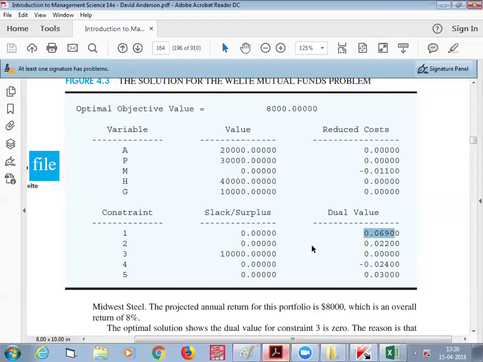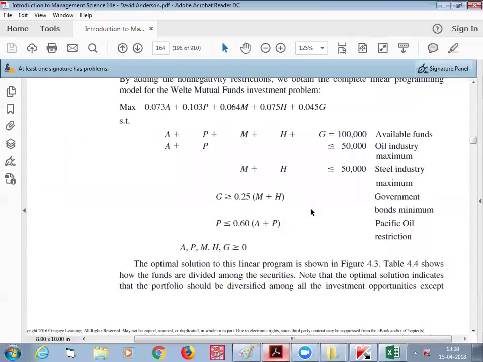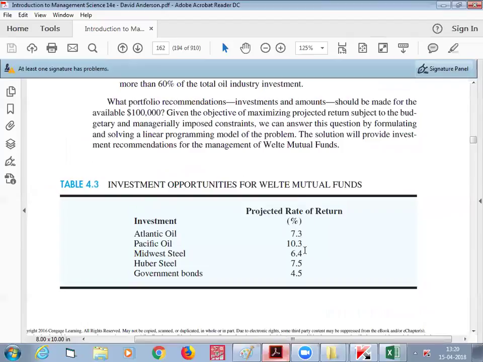Well, because I've totally exhausted the 5,000 investment in oil. Oil, by the way, is the one that gives you higher return, right? Oil gives 10.3% return. Here you're only getting 7.5%. So you want to invest in oil. But because it's already saturated, additional investments must go to Huber Steel and government bonds.